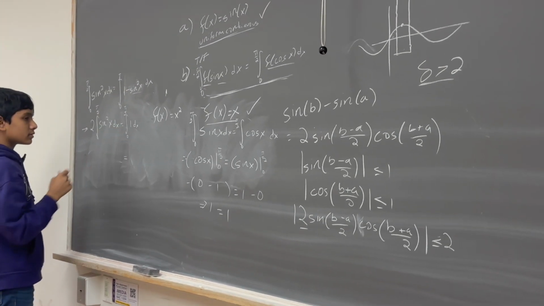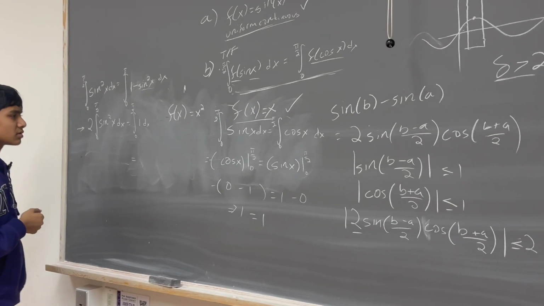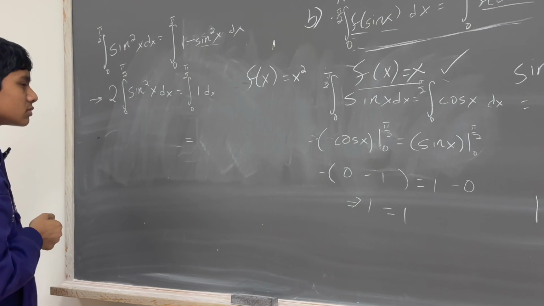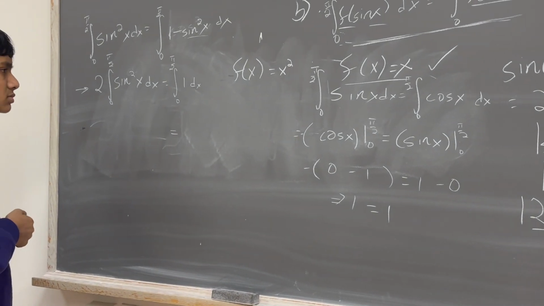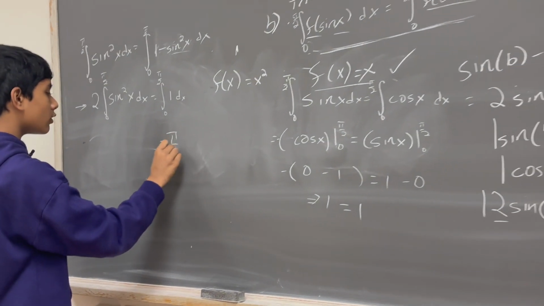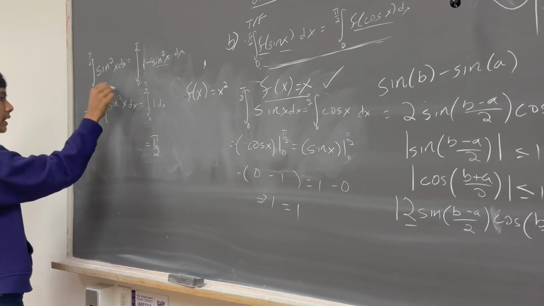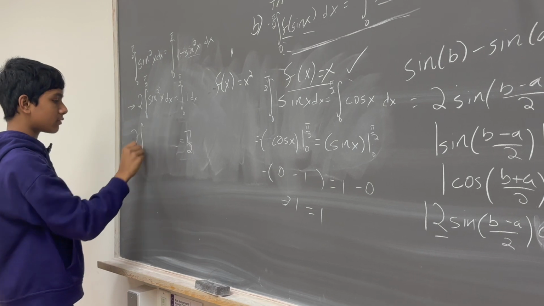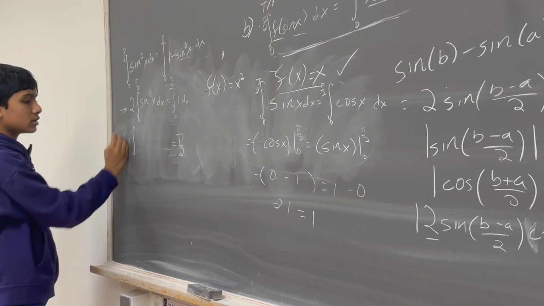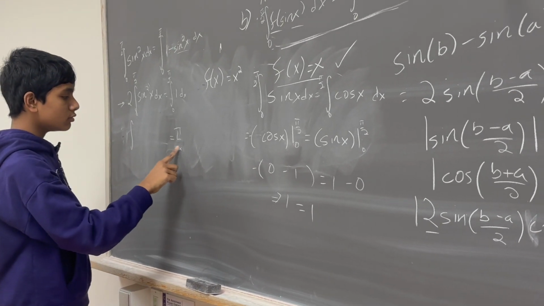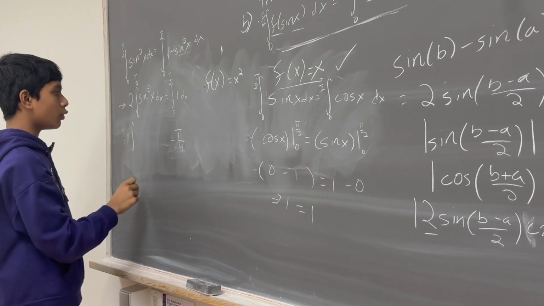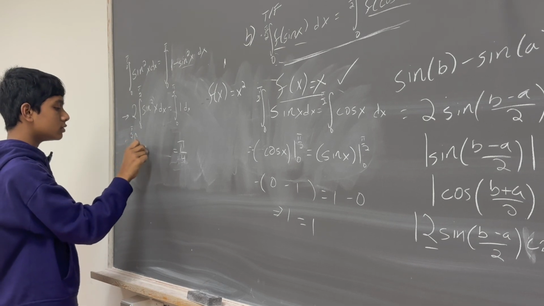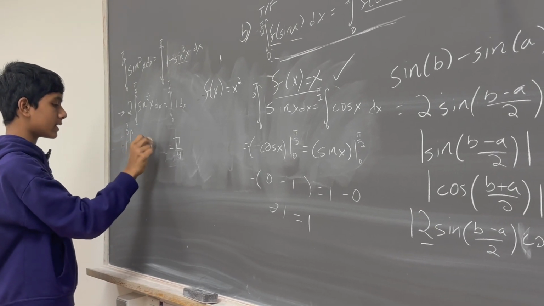So we get pi over 2 over here, and what do we get on this side? Well, this is actually an integration by parts problem. So dividing both sides by 2, we get pi over 4 on this side, and the integral from 0 to pi over 2 of sine x times sine x dx.